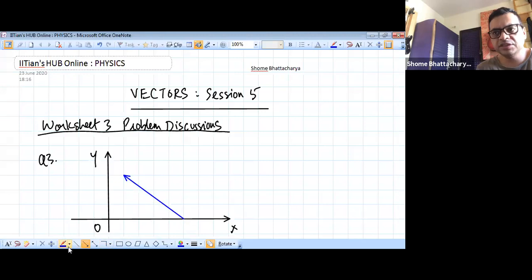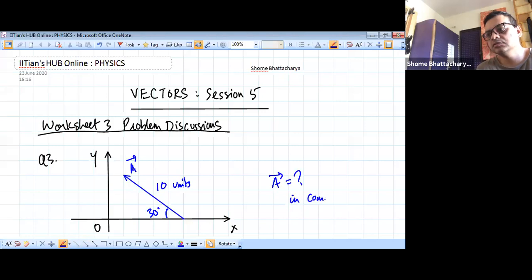So this is the information that is given to us. So we have to express the vector E in component form. So can you quickly work this out and tell me which option is correct?